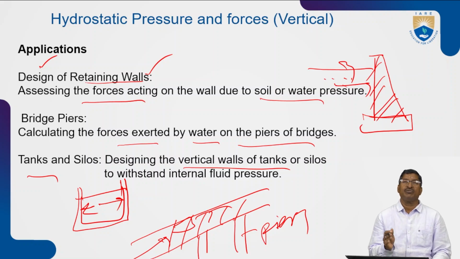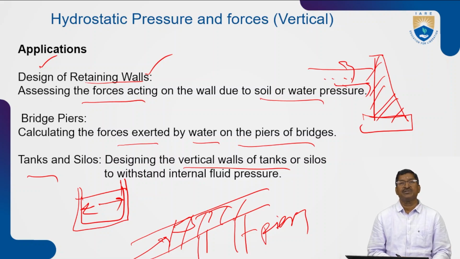A wall can retain soil, or it can retain water. Here, in fluid mechanics, it is water. If water is retained by constructing a wall, it is a retaining wall. We need to know how much force is exerted by the fluid and where it acts on the retaining wall, so that we can design the retaining walls.